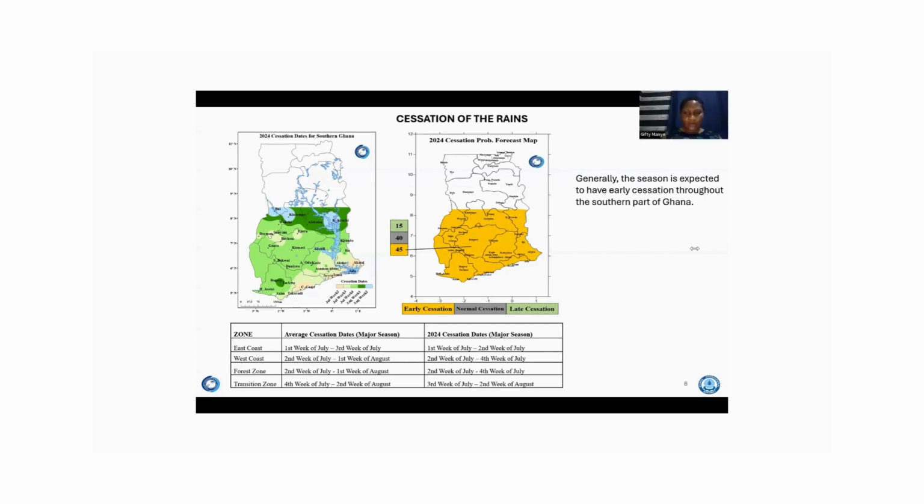Another thing you need to decide on is the type of variety, even the seed to grow. For example, if we are going to have 90 days of rain per the forecast, and if we use the transition zone as an example, the late onset is the third week of April, and then it's going to end early.